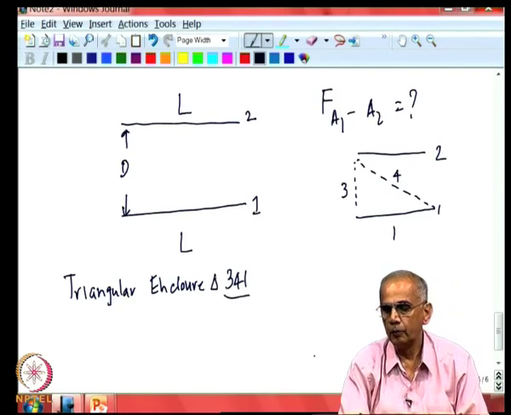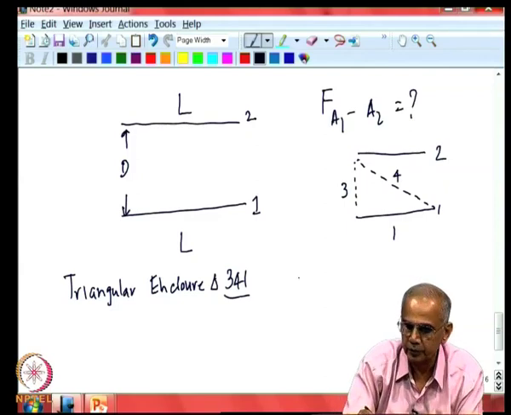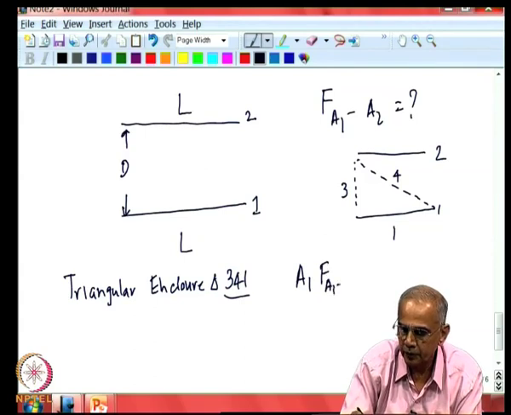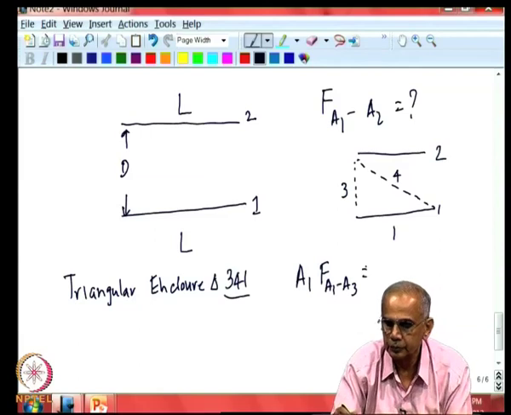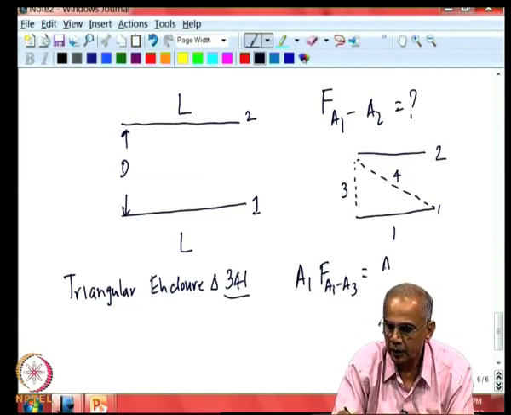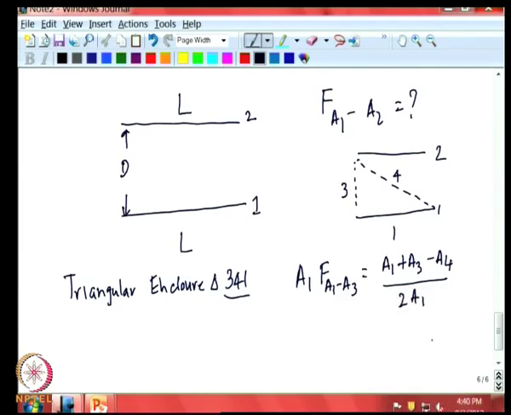Okay. And what do we know from this? From our earlier formula, we know that A1 F A1 A3 is equal to A1 plus A3 minus A4 by 2A1, right. Similarly, you can construct another triangle here. So, let us call these 5 and 6.